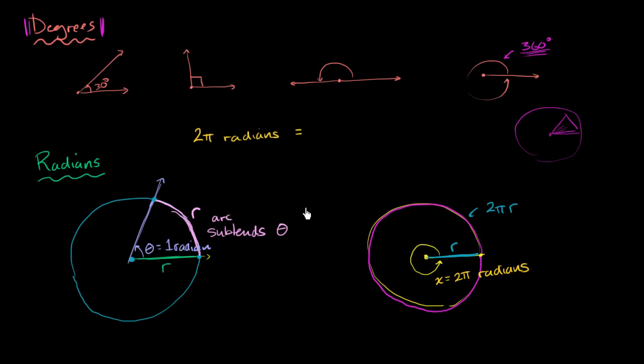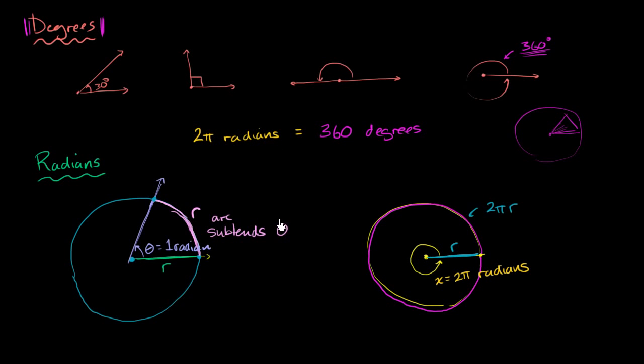How many degrees is this going to be equal to? Well, we already know this. A full revolution in degrees is 360 degrees. I could either write out the word degrees, or I can use the little degree notation. Actually, let me write out the word degrees. It might make things a little bit clearer that we're using units in both cases.